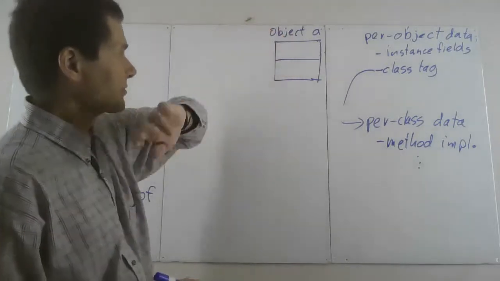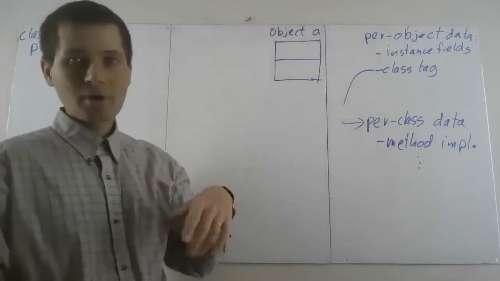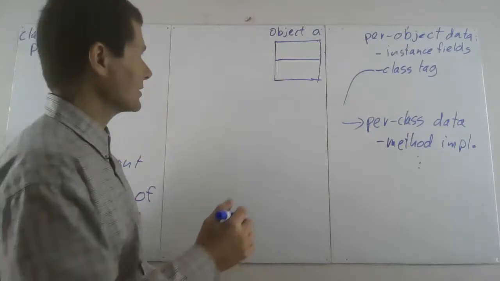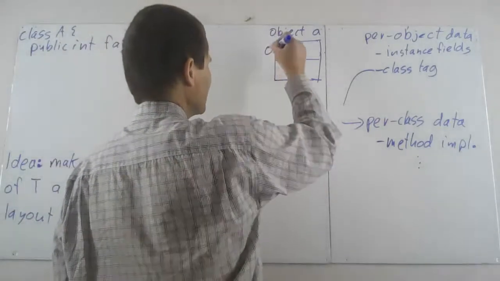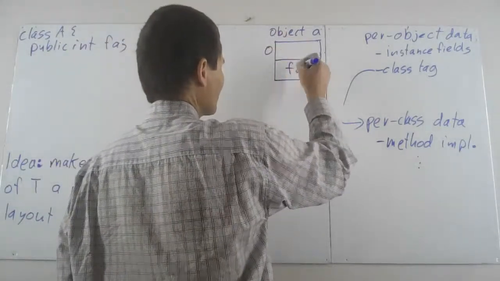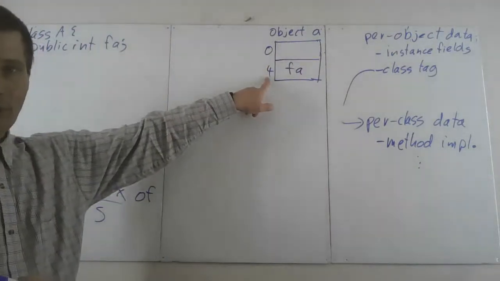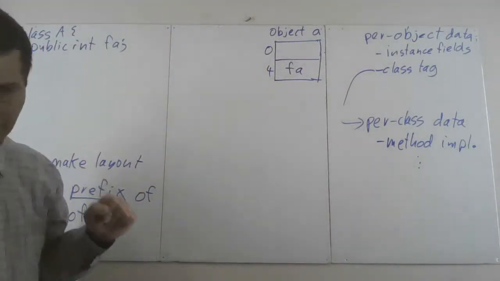I'm going to reserve the first word for something we'll see in just a bit, and I'm going to decide that the value of the field FA of that object is at offset 4 from the beginning of the object.